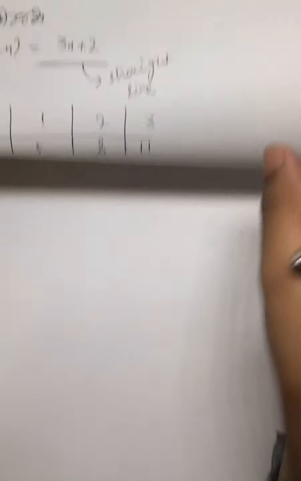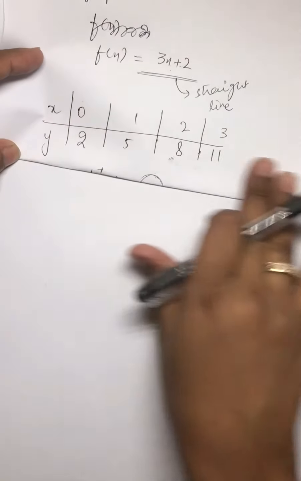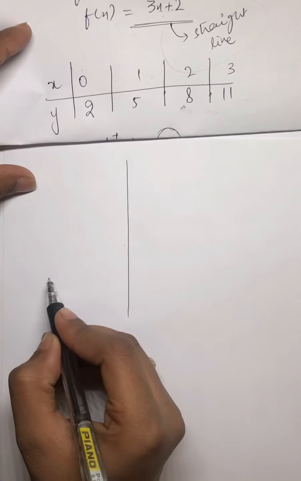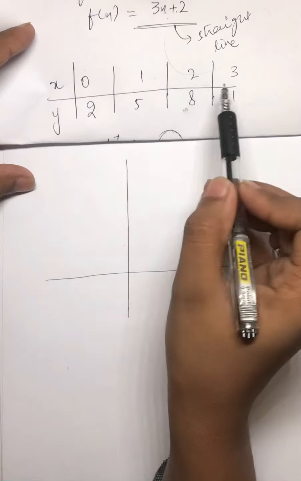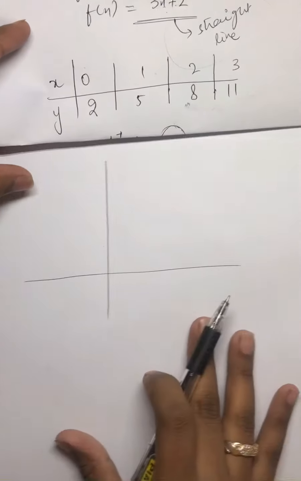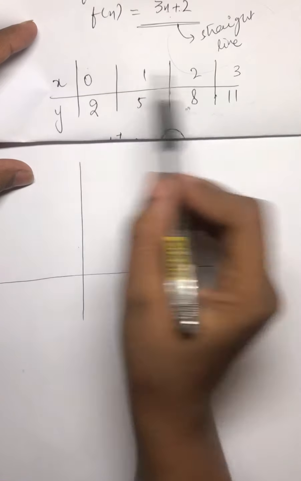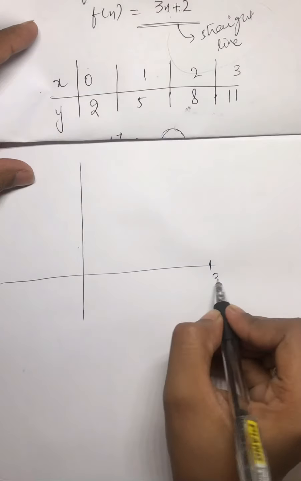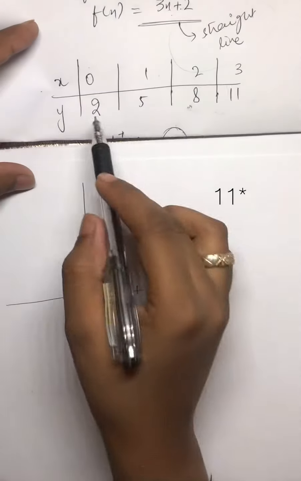I'm going to do it like this because we have to take the values from this. Also we know that this is a straight line. Now let's make the axes. Our extreme value for x is 3, so 3, 2, 1 and 0, and for y it is 11.